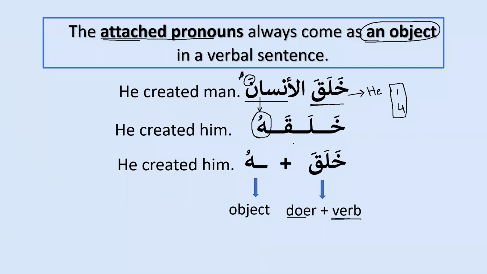So here, alhamdulillah, now we can see that the attached pronoun is the receiver of the action. This is the object. So khalaqa, here we have the inbuilt doer, he, and then we have the verb, which is khalaqa, and then we have hu, that is the object of the action, the receiver of the action.